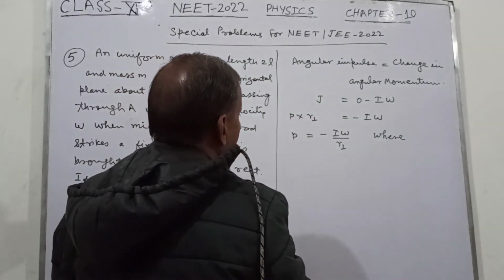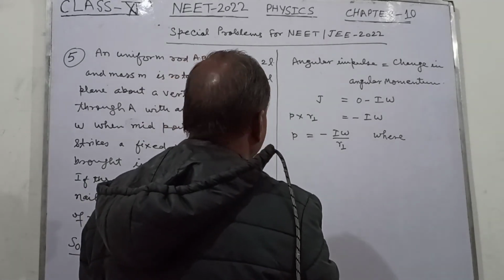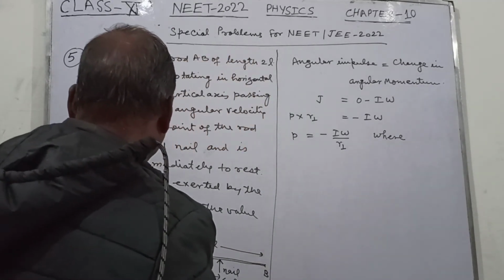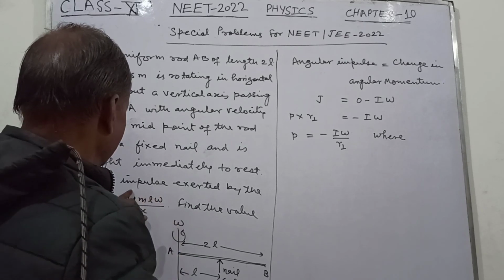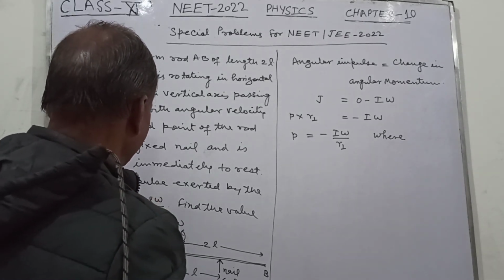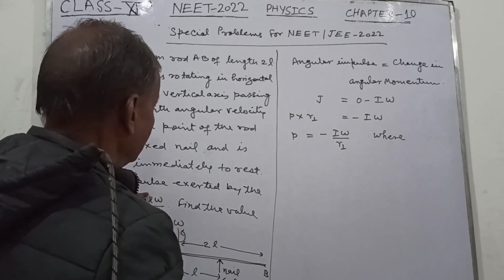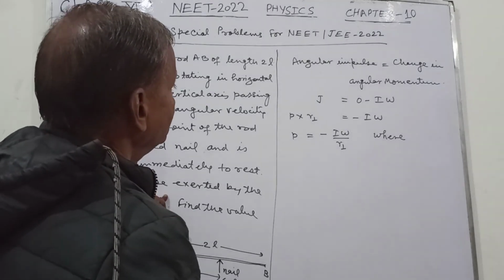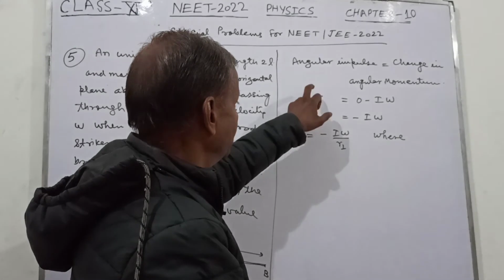I think in this impulse, this must be the linear momentum, because this impulse will be equal to so much J.